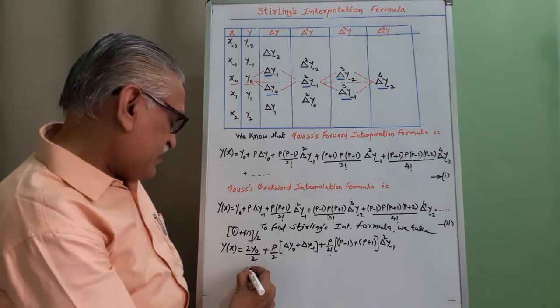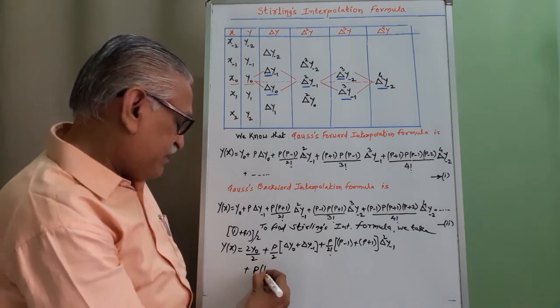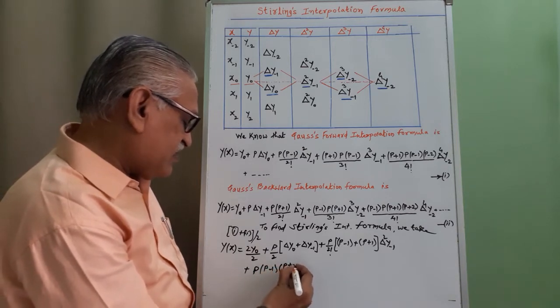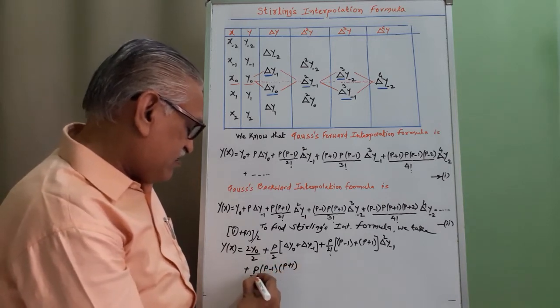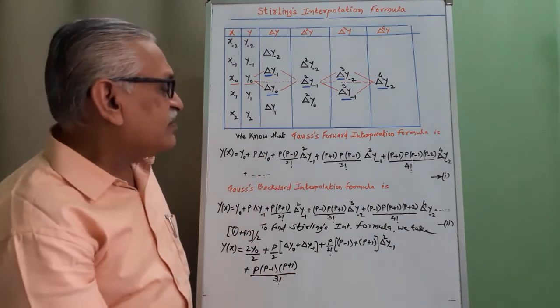Therefore, p, p minus 1, p plus 1 divided by 3 factorial.